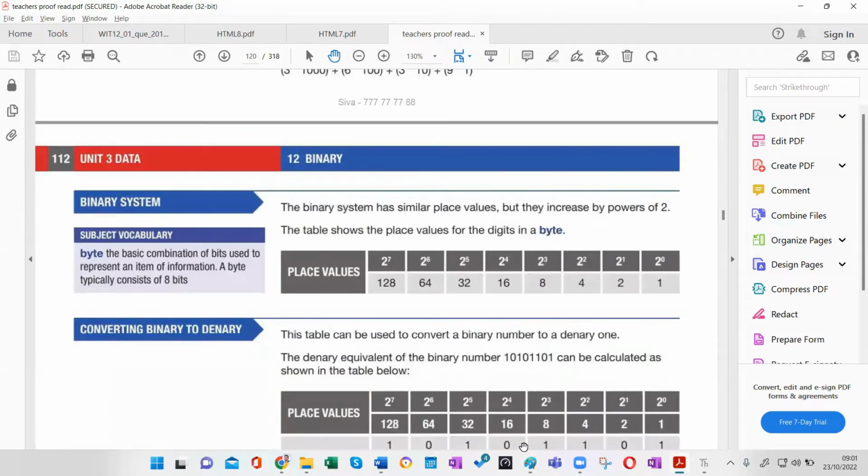If you take the binary number system, it goes as powers of 2 because it's binary.